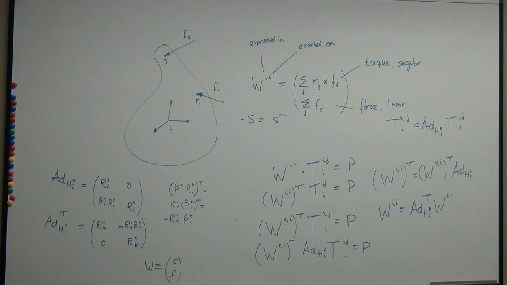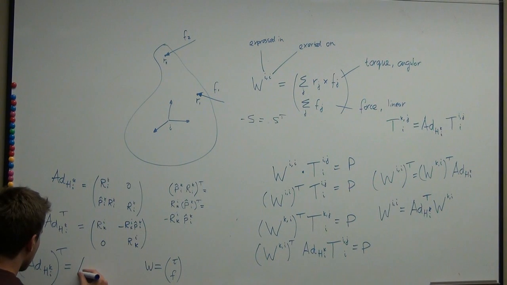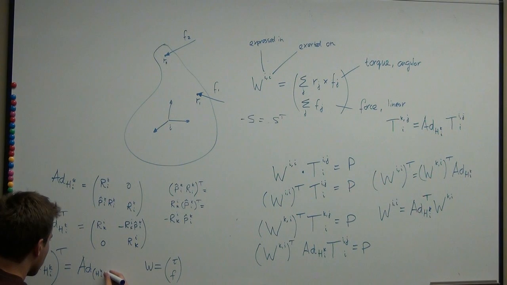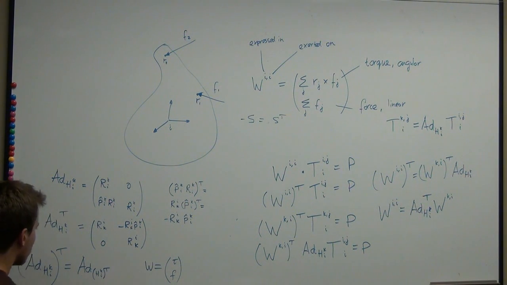And so one thing to note, I'll let you derive it yourself, but it's kind of funny. Adjoint H_KI transpose is the same thing as adjoint H_KI transpose.